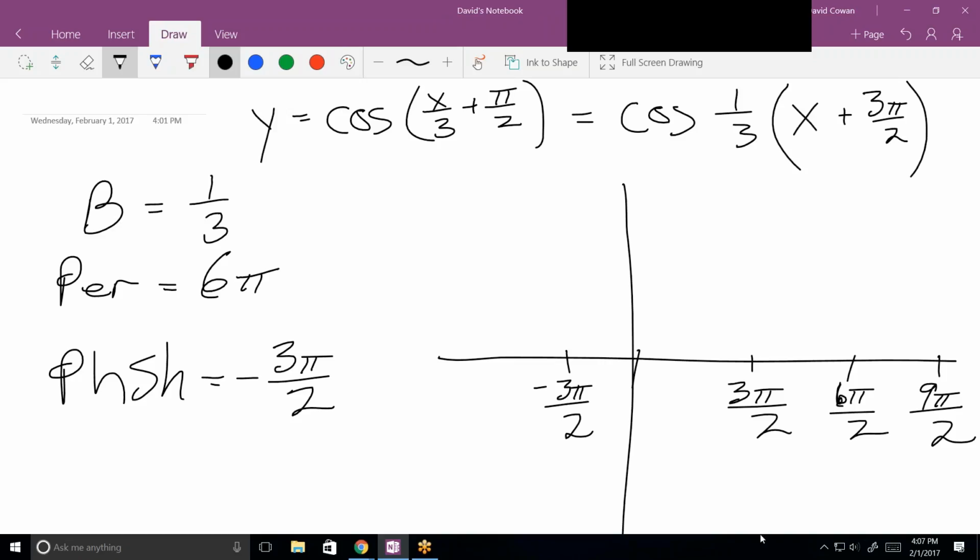So there's no amplitude, so I'm only going up to 1 and only going down to -1. There's no a other than 1. So in red, I'm going to start the cosine curve. It always starts at its maximum, goes down through its first quarter point, 0, hits its minimum at its second quarter point, comes up through there, and ends there.